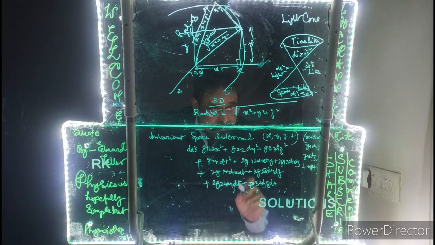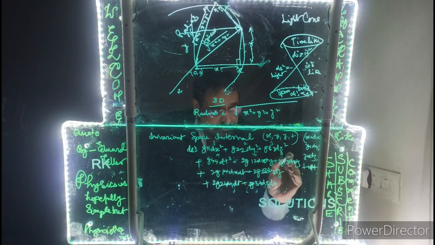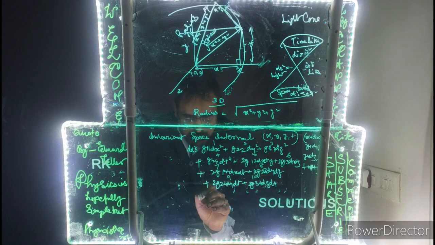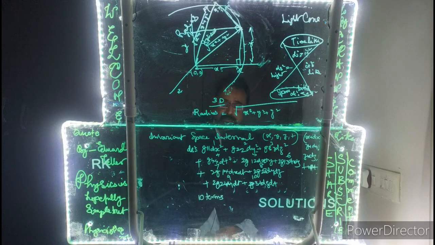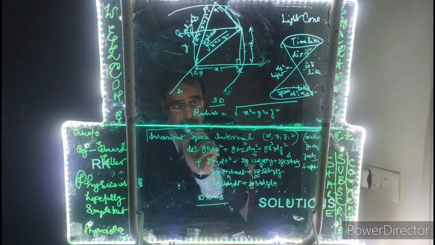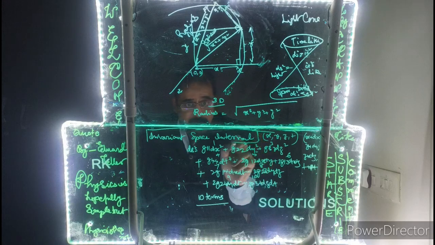In fact, there are 10 terms altogether. He says there are 10 terms altogether. This is the invariant space interval, okay?